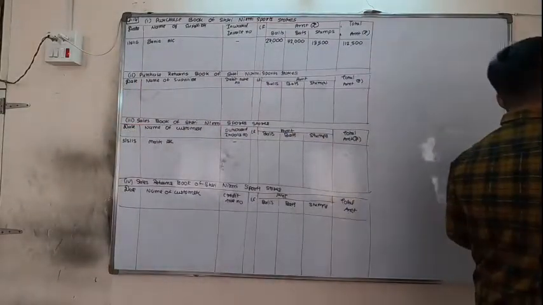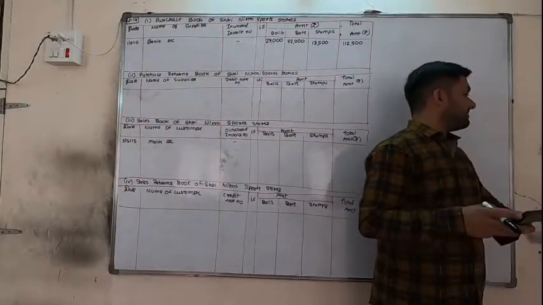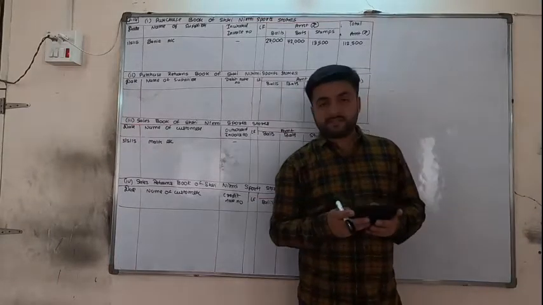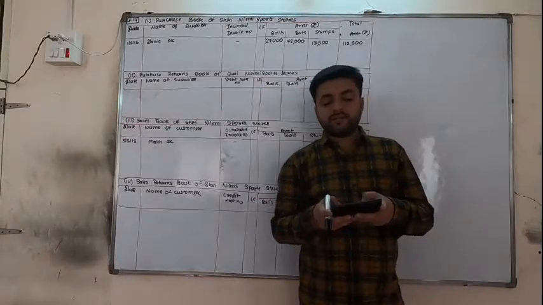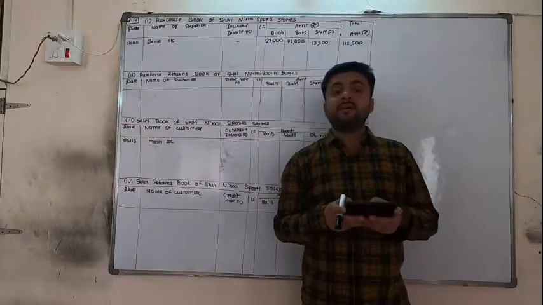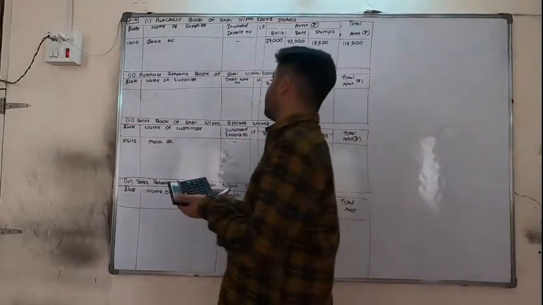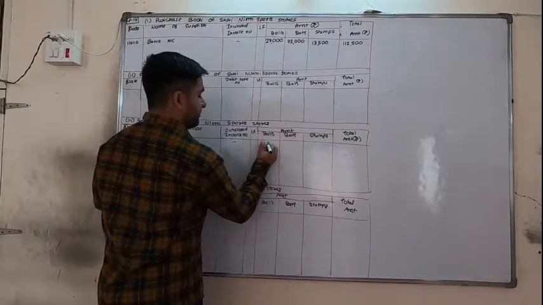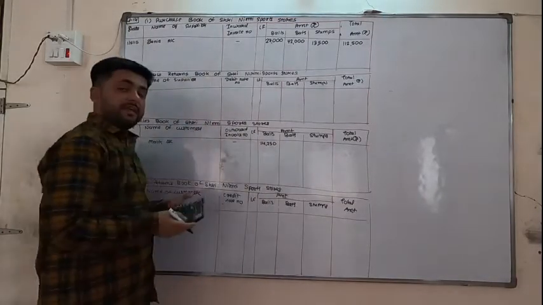Again take your calculators. 60 balls at 250 per piece, so 60 into 250 is 15,000. Trade discount is 5%, so it will be 14,250.